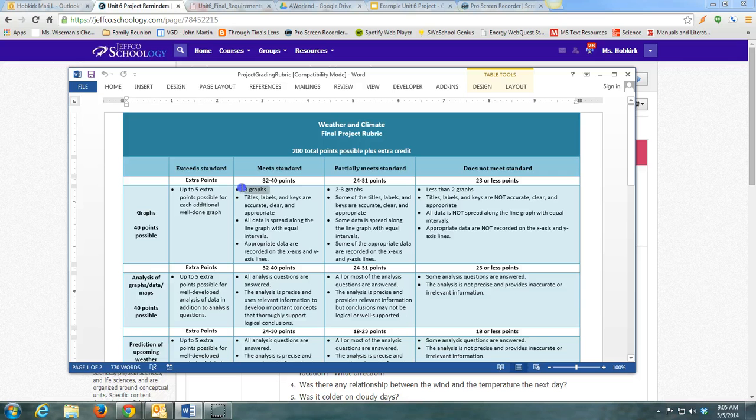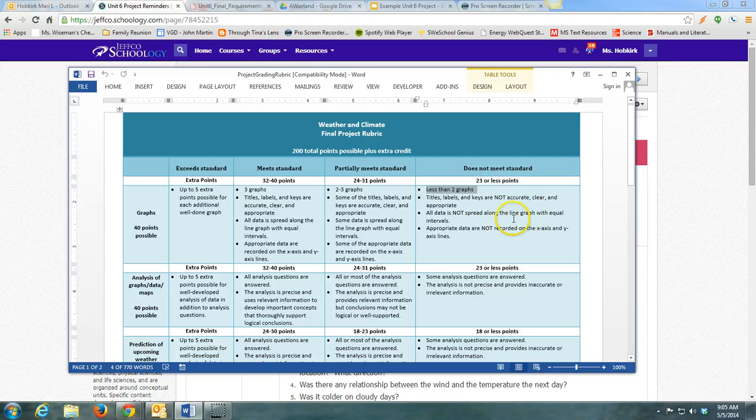Did you do 3 graphs? Are they titled, labeled, and are the keys, is everything correct? I'm going to look to see that you hit all of these points here, and if you did, then you would earn 40 points. If you got most of these, then you might be in the 32 range. But if you're over here where you have less than 2 graphs, you may be at 0.